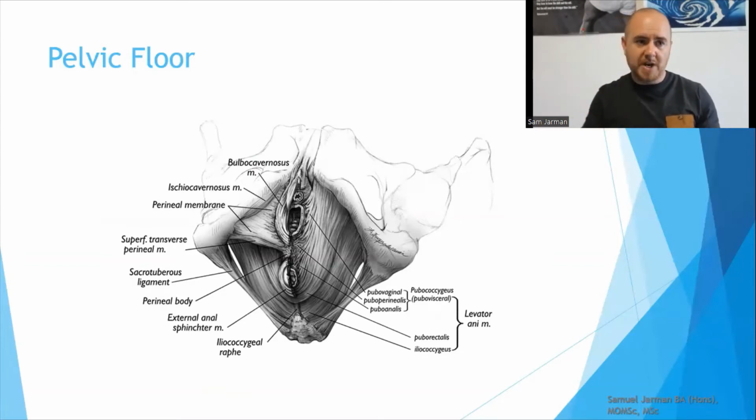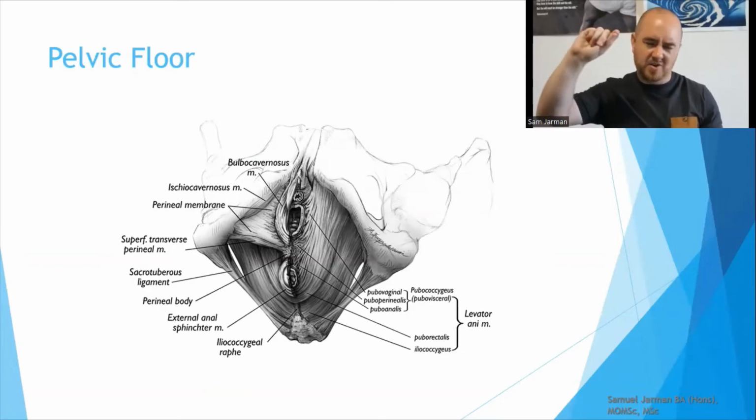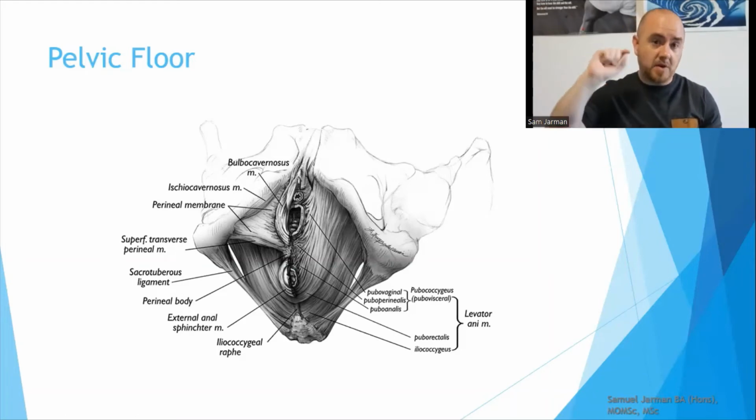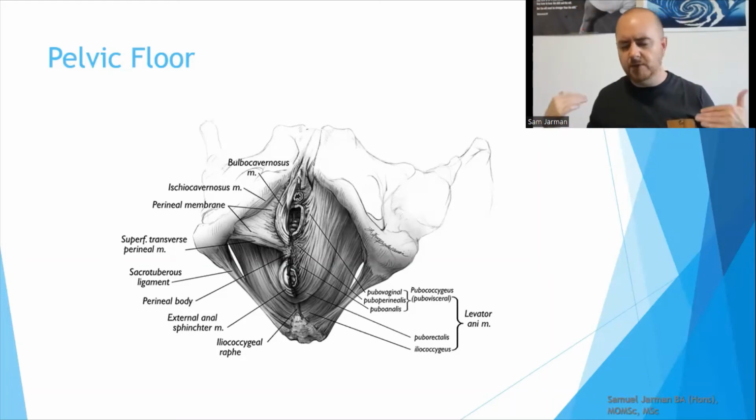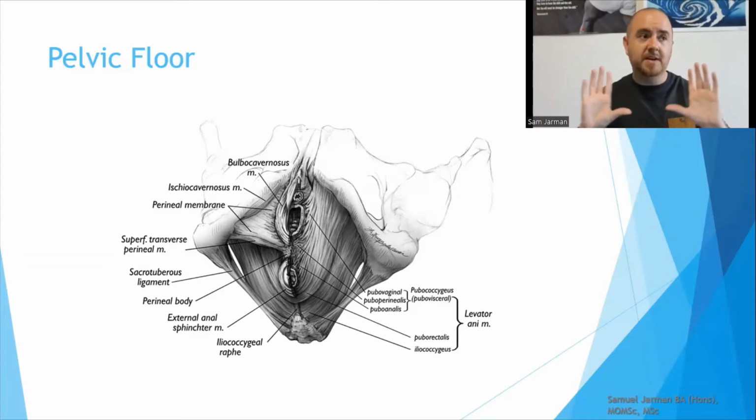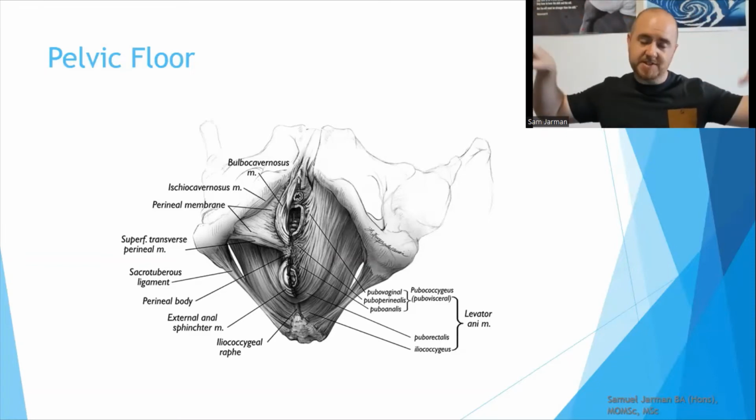There's a central raphe, or more or less a central tendon, that's going to go in an interrupted fashion from the coccyx forwards towards the pubic symphysis. Now, this is going to be interrupted by things such as the external genitalia and the anus. Right now, that said, it's not really that it's deeply interrupted. It just alters as it goes more or less around those structures.